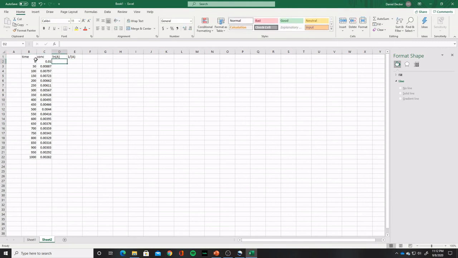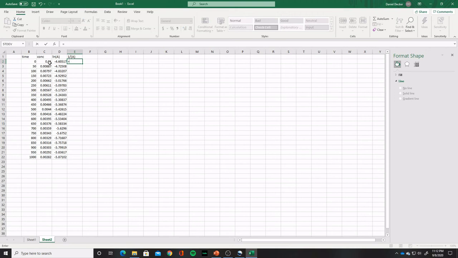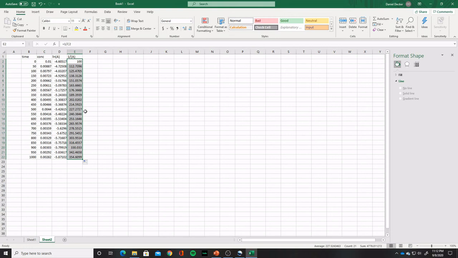So we'll do the first order one first, just like we did before. We're going to say this cell is equal to the natural log of that cell. And then for the second order, we're going to say this cell is equal to 1 divided by that cell. So then once again, we get those to fill in for us.